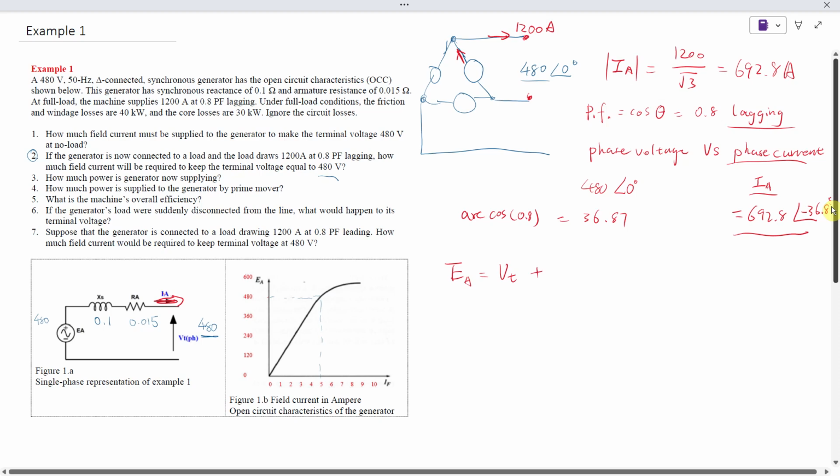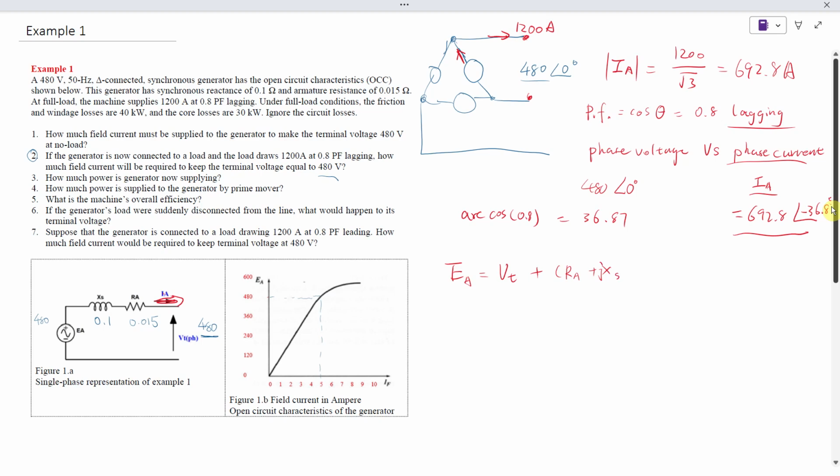plus the impedance RA plus jXS times IA.